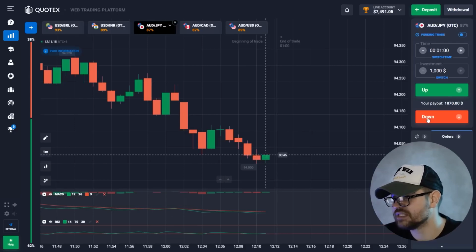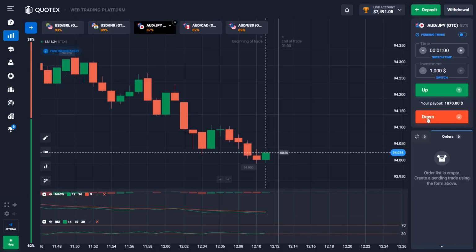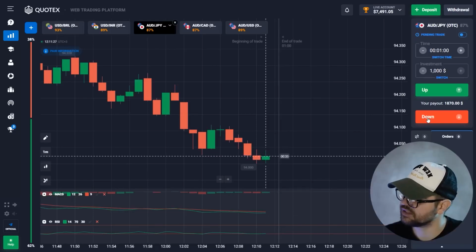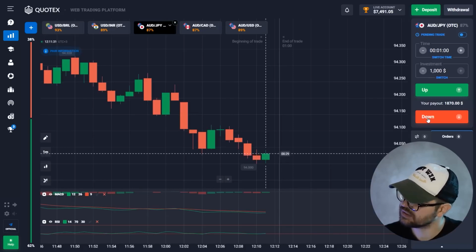And right here you can see that the price is still going down. The bearish trend continues, just as a demonstration here.